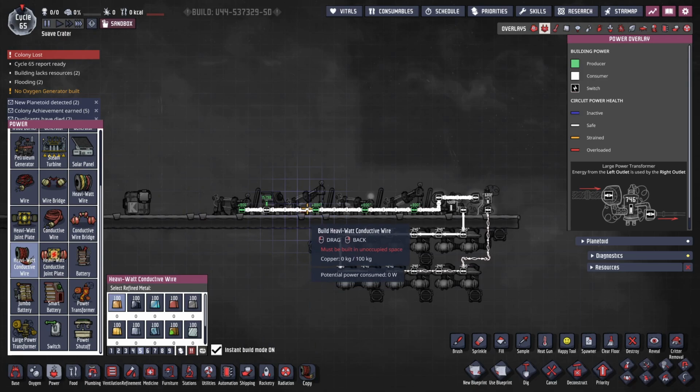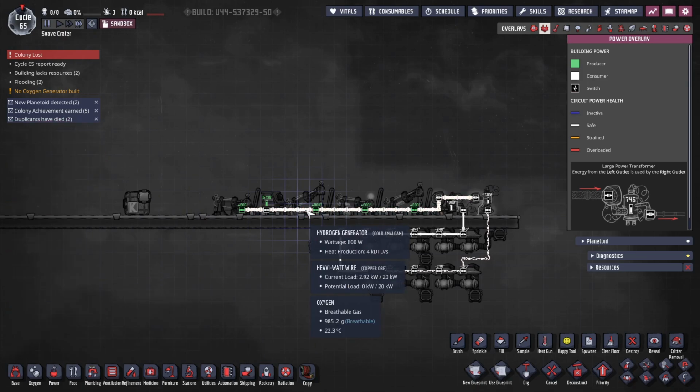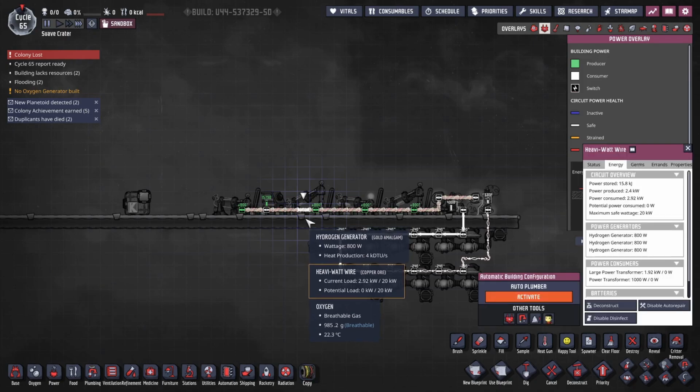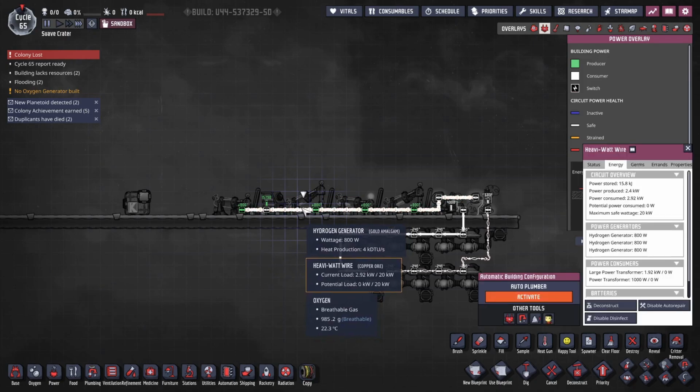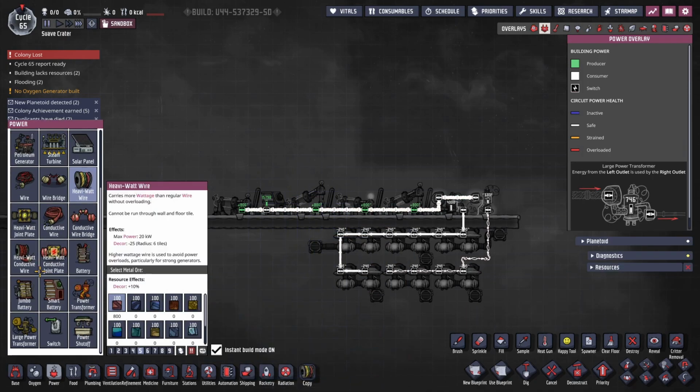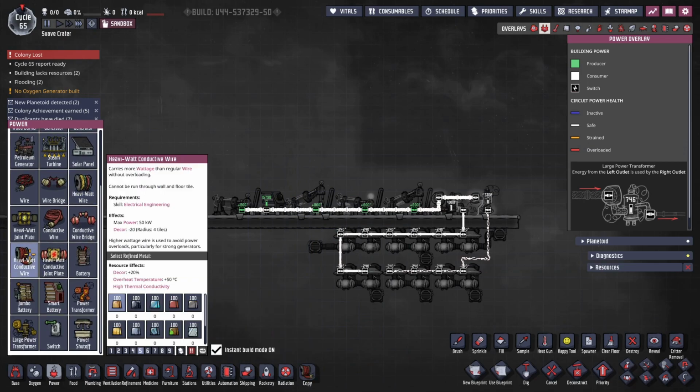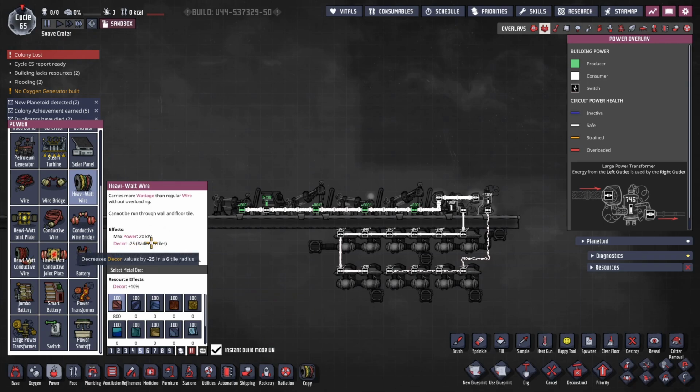And basically, what is the difference between these two heavy watt wires? Well, that one has a bigger decor debuff, so you don't want to place it too close to your duplicants, because the decor will be worse. And the other one still has a debuff, but it's only -20, whereas the heavy watt wire is -25. The other difference is that this heavy watt wire uses different materials than the heavy watt conductive wire.